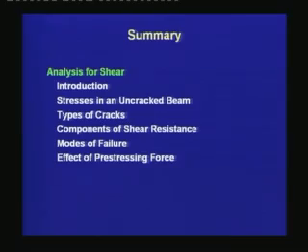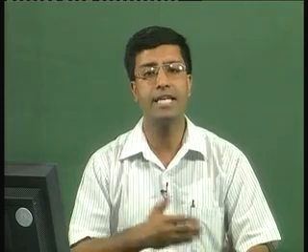Now, from the components of shear resistance, we moved on to the modes of failure due to shear. First, we had seen the diagonal tension failure: if there are inadequate stirrups, then the diagonal cracks propagate through the depth of the beam quite rapidly, and this will lead to a sudden failure of the beam.